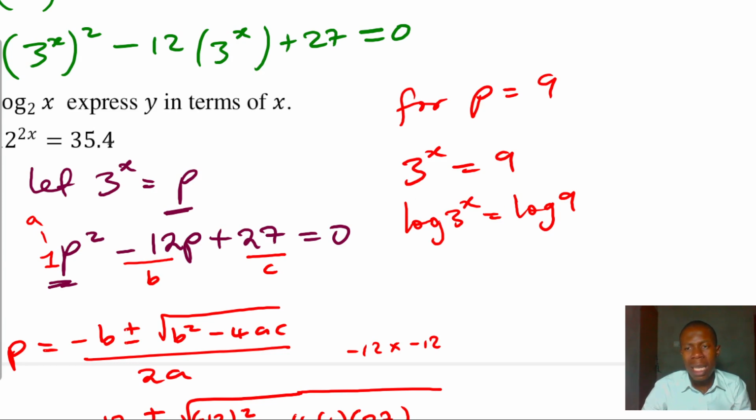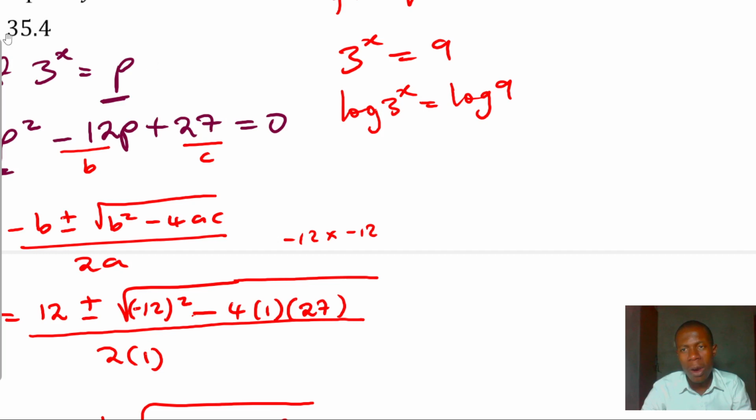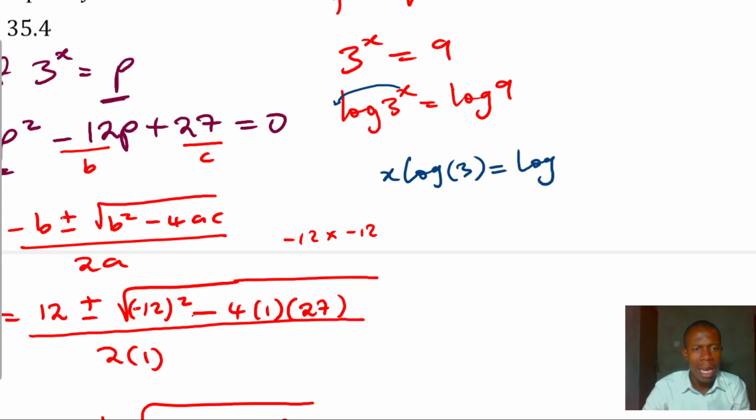Basically, though we've not touched more about logs, according to the log rules, which we're going to look at, we can drop the power here. So this will become x log 3 equal to log 9.